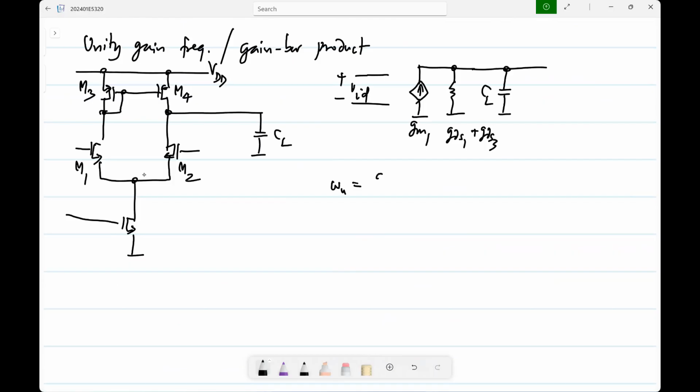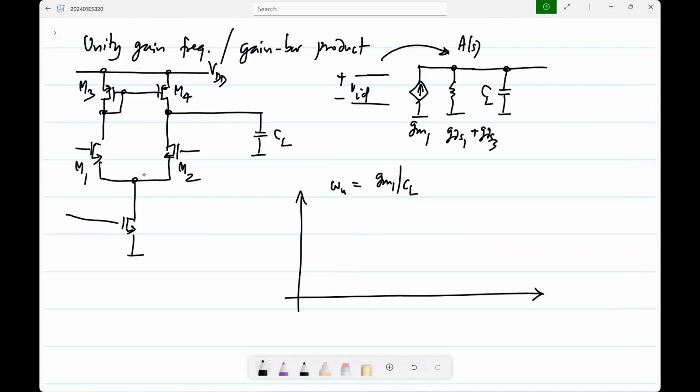So if you plot the Bode plot, what will it look like? If you call this the transfer function A of s, if you plot A of s with s equals j omega as a function of omega, what does it look like? What will it be at very low frequencies?